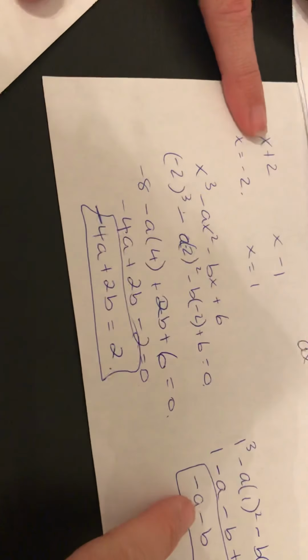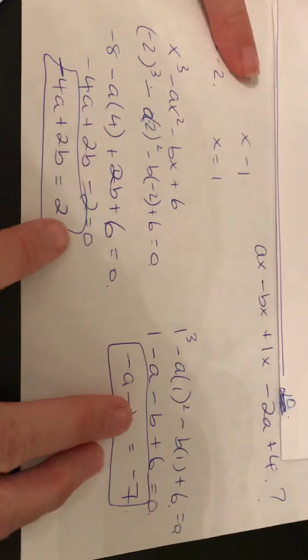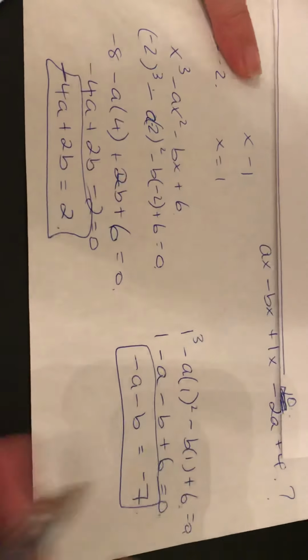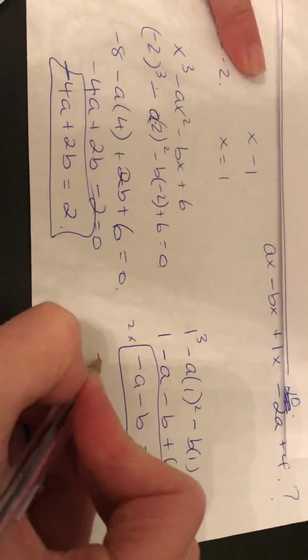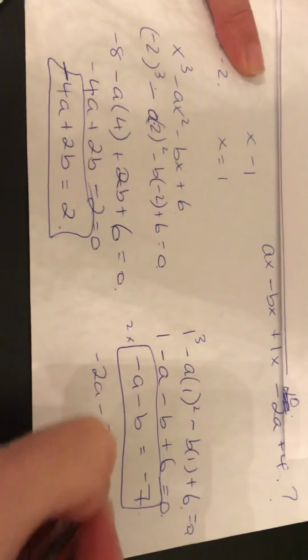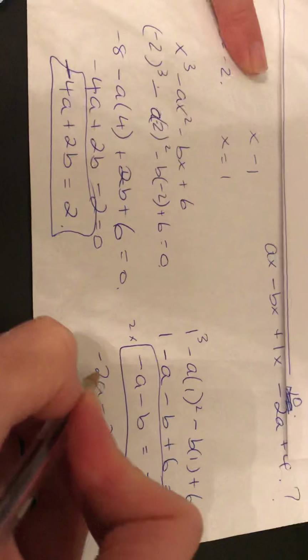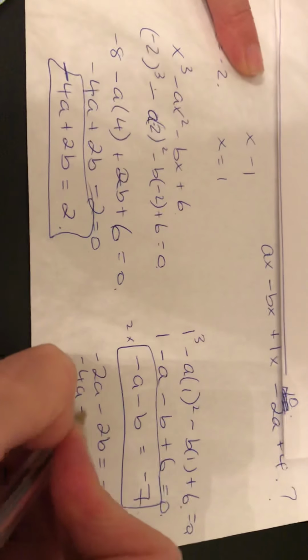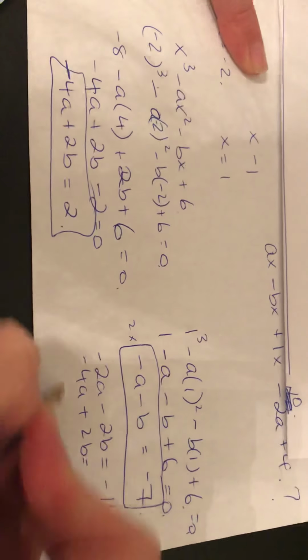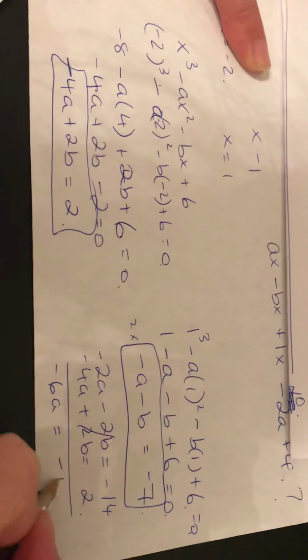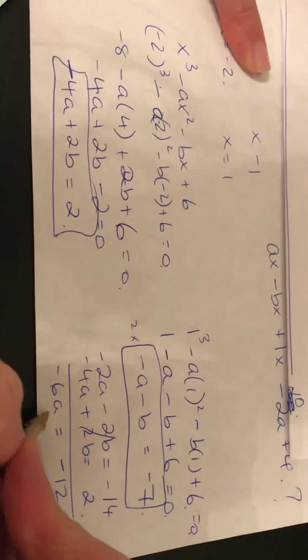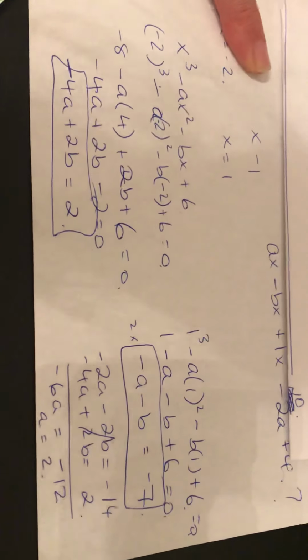Now I'm going to multiply this line by 2 so that I can get the b's to cancel out. So if I multiply that by 2, I end up at minus 2a minus 2b is equal to minus 14. And I end up at minus 4a plus 2b is equal to 2. That gives me minus 6a is equal to minus 12. So 6a is equal to 12, so a is equal to 2.